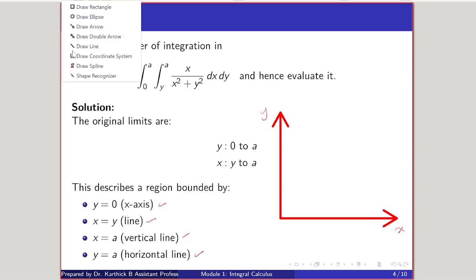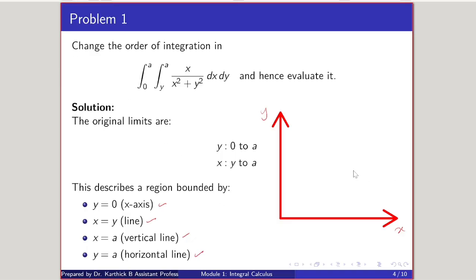Then I may choose a line. So here y varies from 0 to a, x varies from y to a.